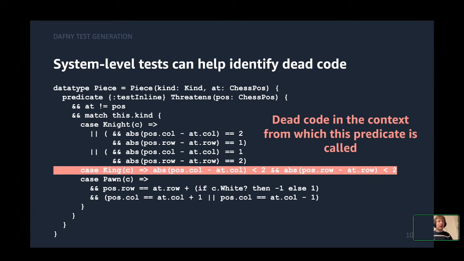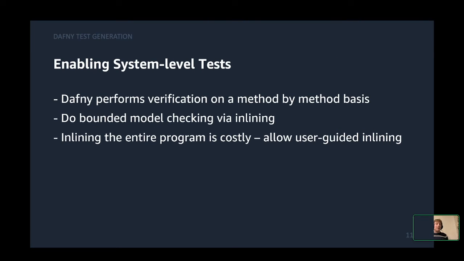But the program itself is designed to reason about situations in which a king is under check, and one king can never put another king under check. In chess, that can never happen, and so this predicate is in fact never called with king as a receiver, and so this line is never going to be executed. And DTest can tell you that, and tell you that it's provably so, unlike, say, a fuzzer that will just not be able to generate tests in this use case.